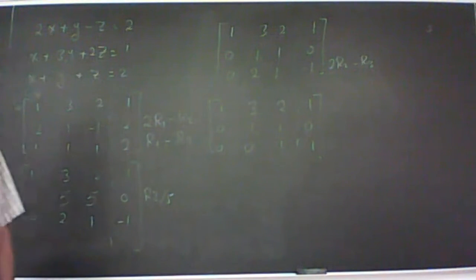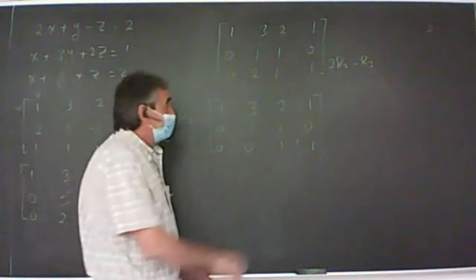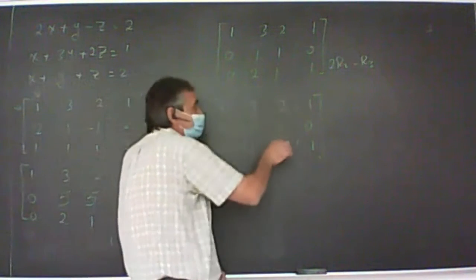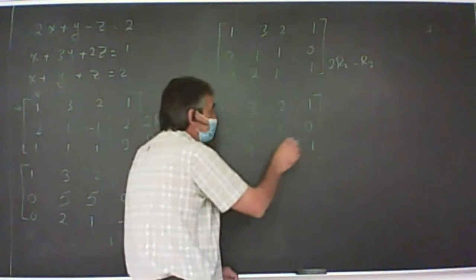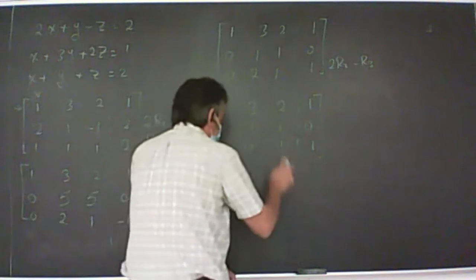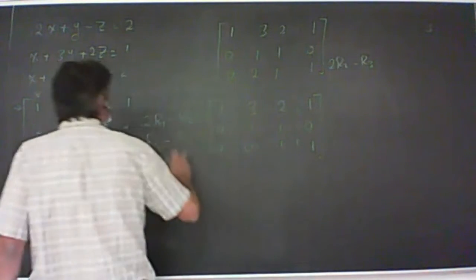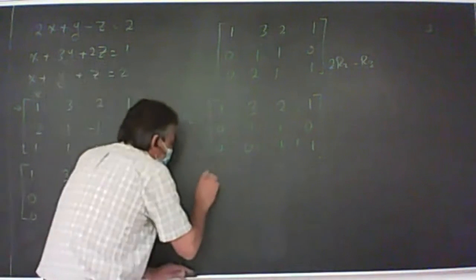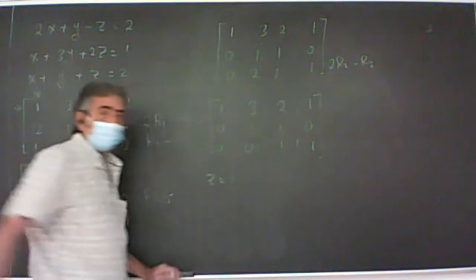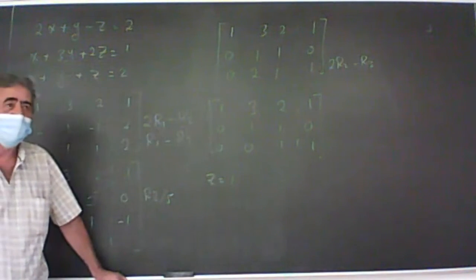Okay? So now what do I know? This is your x, this is your y, this is your z, right? So z equals 1. So now z equals 1. Yes?